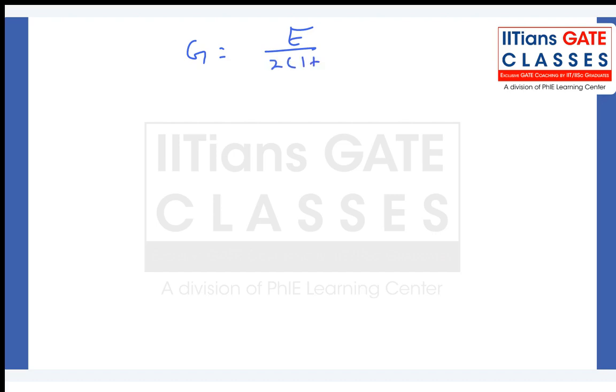K is E upon 3 into (1 minus 2 nu). Now guys, if your nu is lesser than -1, what is going to happen? G will become negative, which is not correct.